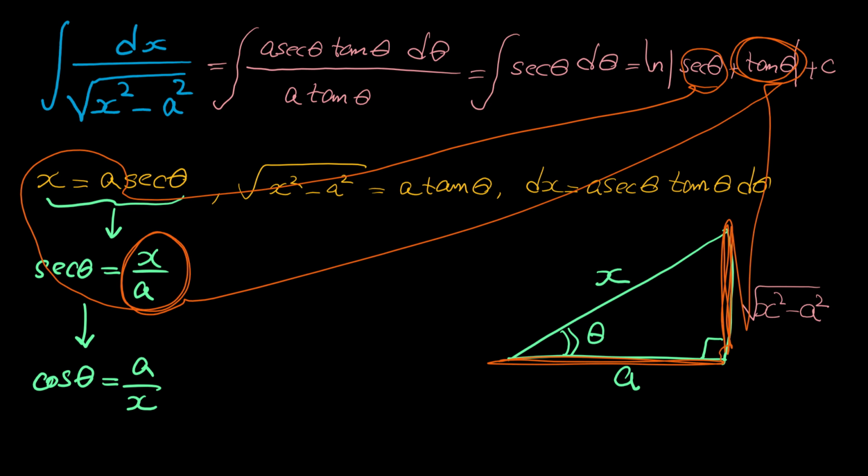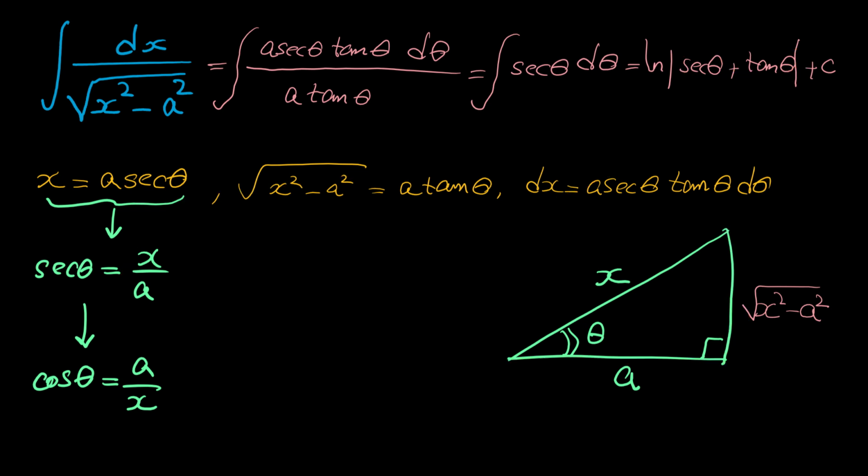So we can rewrite our answer in terms of x: ln of the absolute value of x over a plus radical x squared minus a squared over a, plus c. This is the answer of this integral.